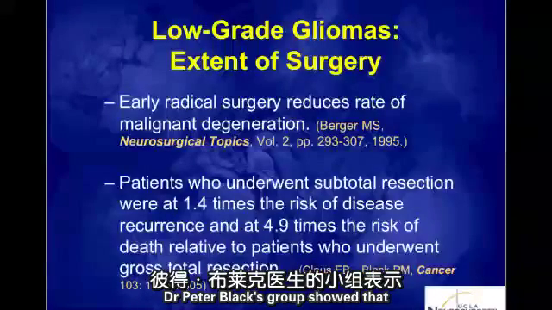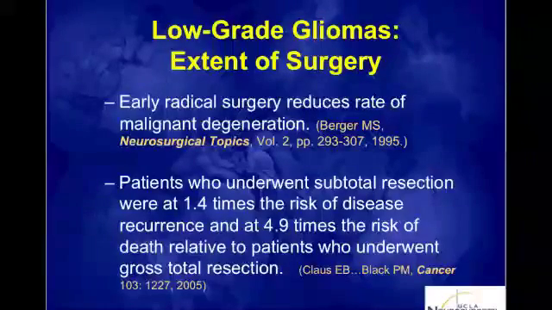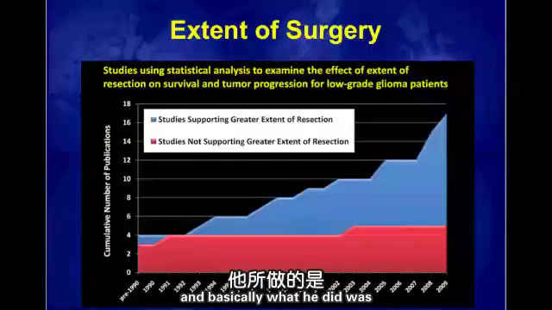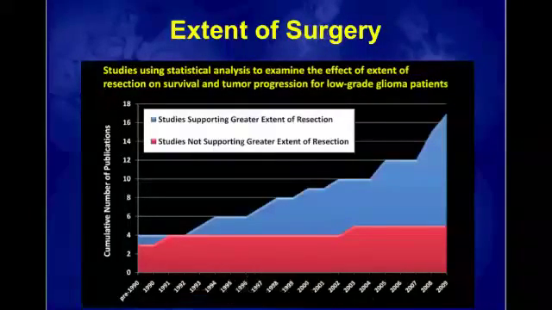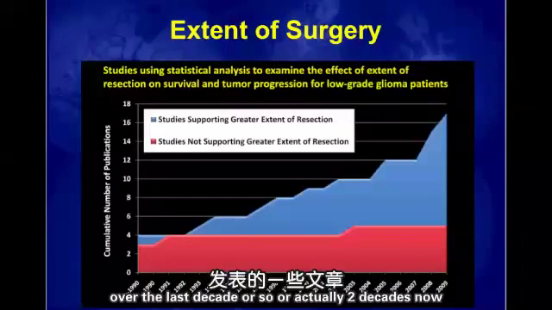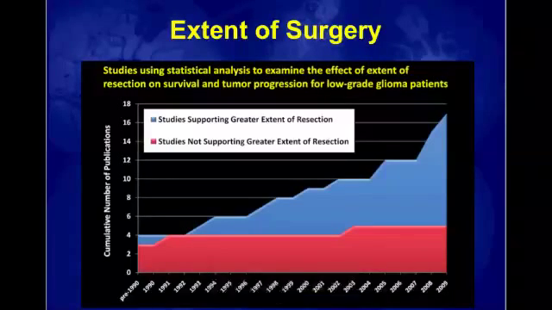Dr. Peter Black's group showed that subtotal resection increased the risk of death relative to gross total resection. This is a graph that Mischberger shows quite often. Basically, he looked at the number of published papers over the last two decades comparing the advantage of gross total resection versus subtotal resection.